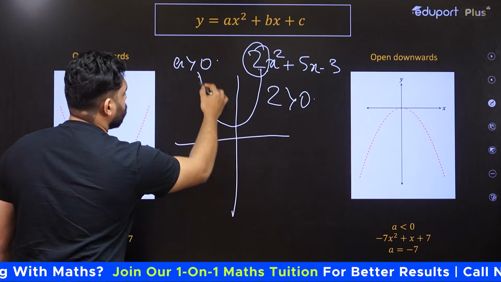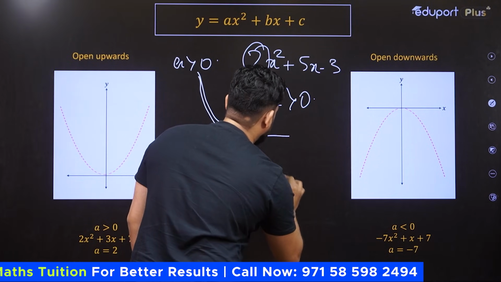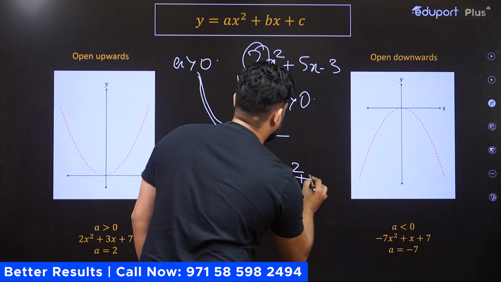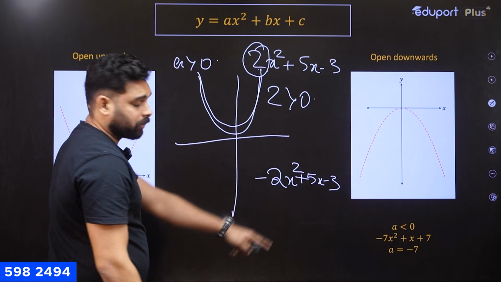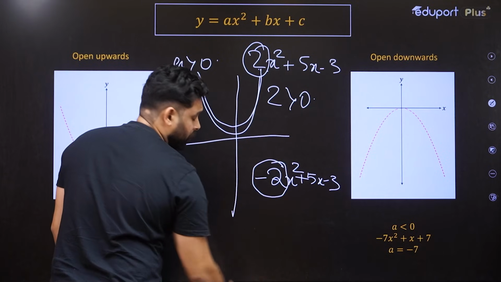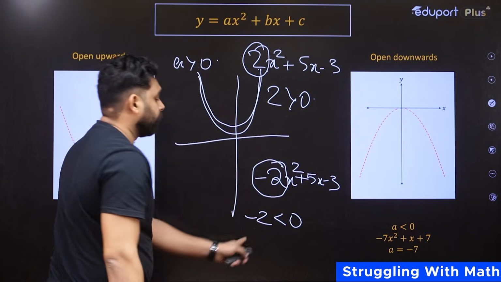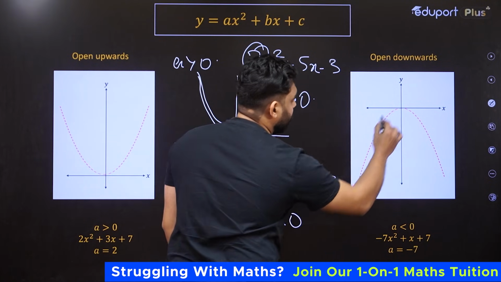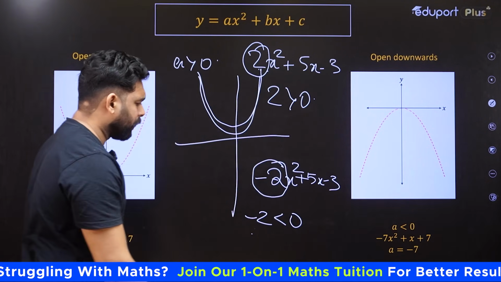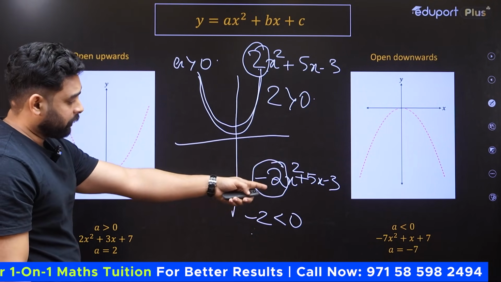That is why the graph will be upwards. For the equation minus 2x square plus 5x minus 3, the coefficient of x square is minus 2, so minus 2 is less than 0. If the coefficient is less than 0, then the graph will be downward.